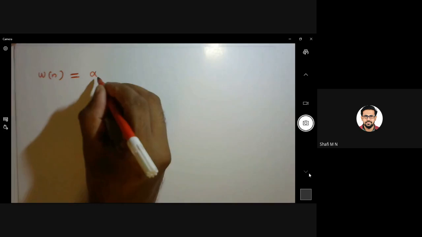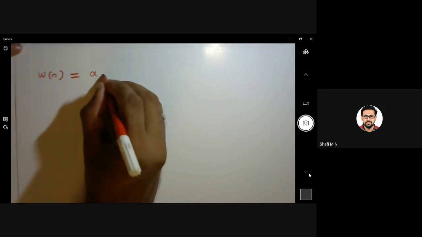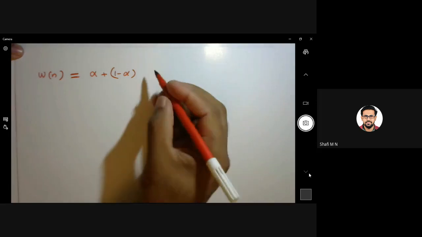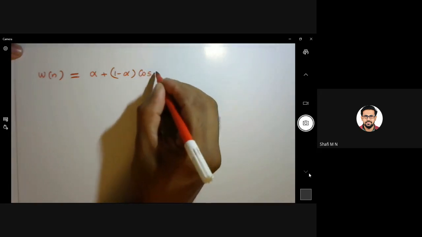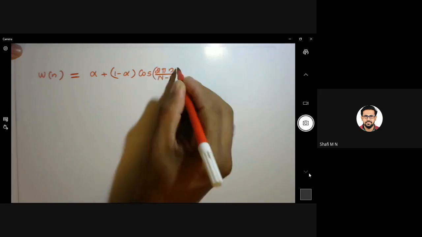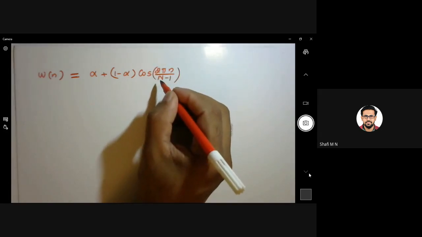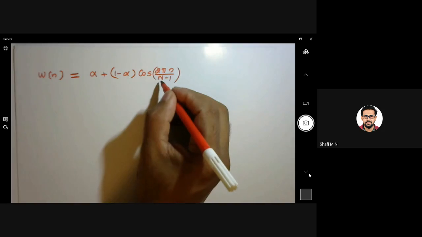with a parameter called alpha. So the equation can be written like this: W of n equals alpha plus 1 minus alpha into cos 2 pi n by N minus 1. For a window of length capital N, which can be sometimes 11, 15, something like that. So capital N is the window size.